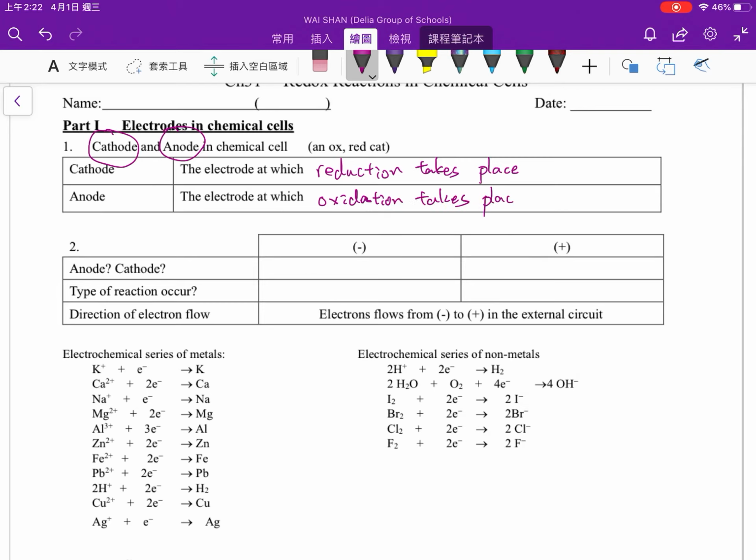One of them will lose electrons, oxidation will lose electrons, and then for reduction, the chemicals will gain electrons. So there will be an electron flow from one chemical to another chemical. So we can get electrical energy through the chemical reaction, which we call a redox reaction.